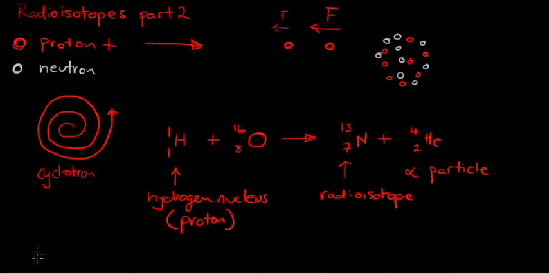Now it has to be accelerated to a kinetic energy of 5.55 MeV, and that's of course 5.55 times 10 to the 6 electron volts, and we do that in the cyclotron.